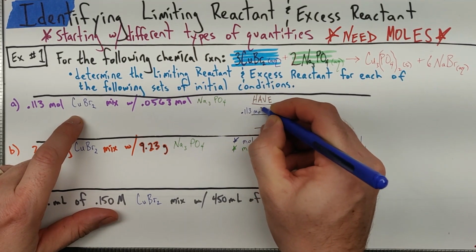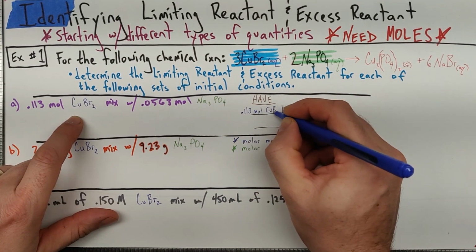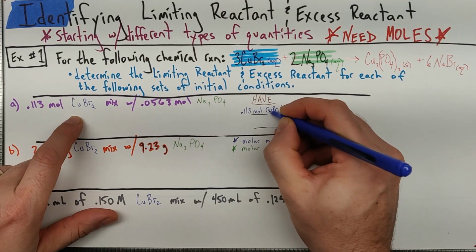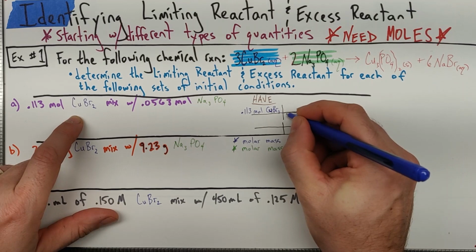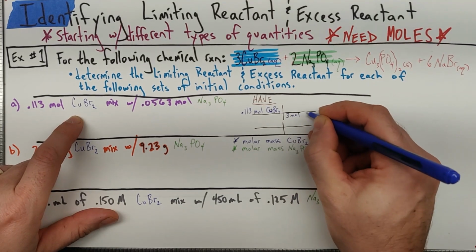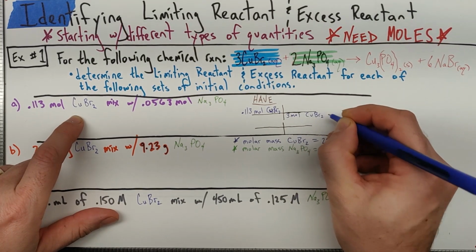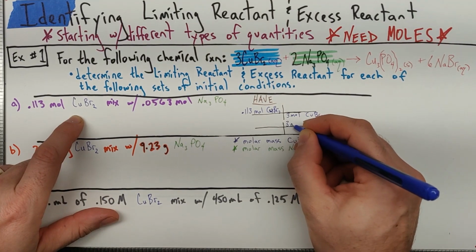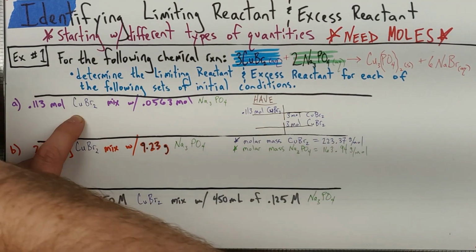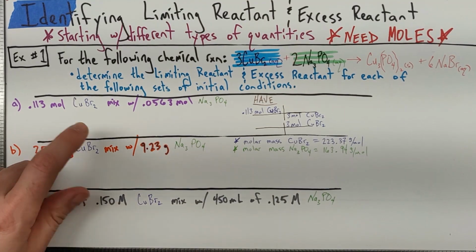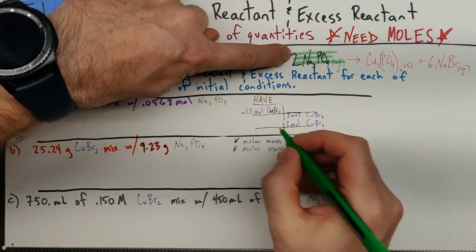0.113 moles of copper 2-bromide. All right? And we know from our balanced chemical equation for every 3 moles of copper 2-bromide, I'm going to sneak that in right here right away, we have 2 moles of sodium phosphate.